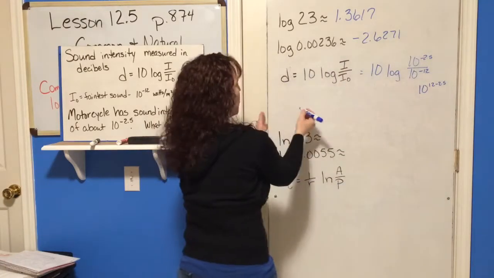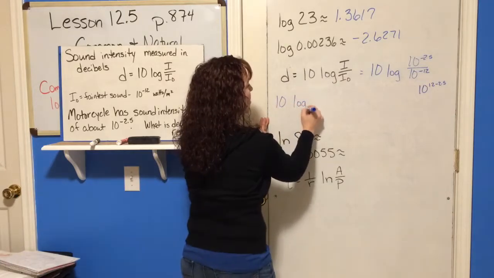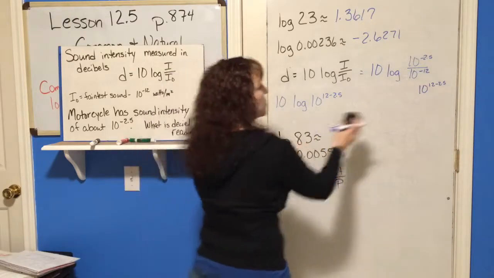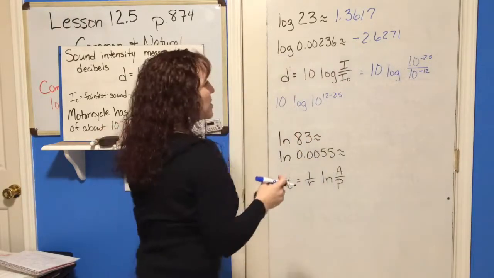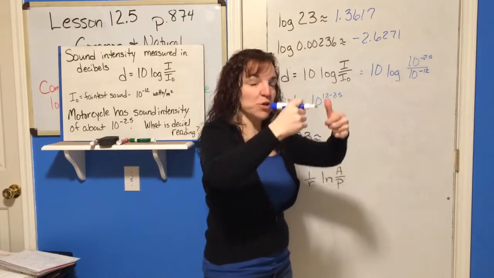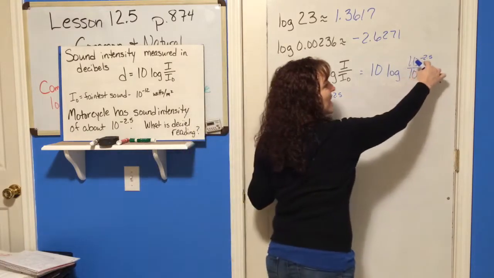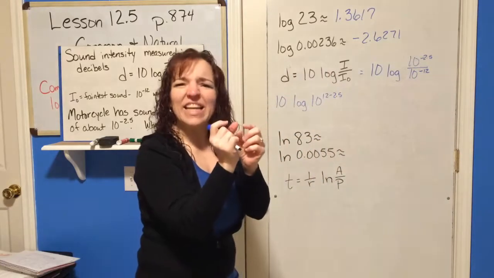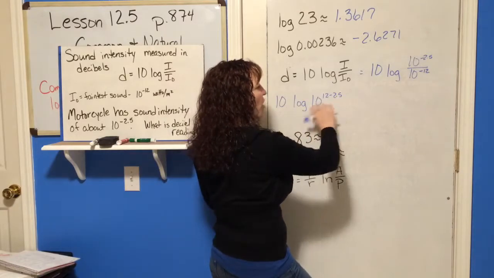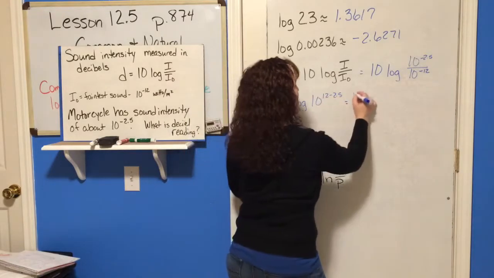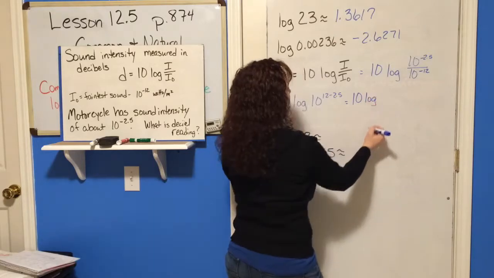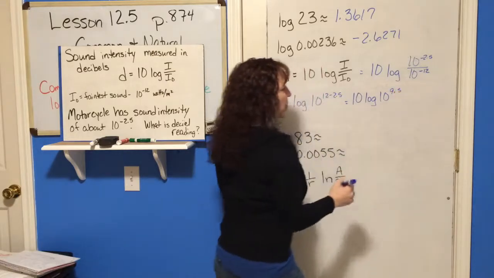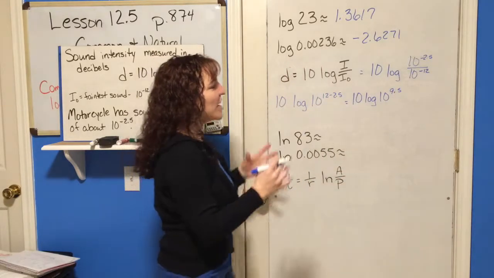So 10 times the log of 10 to the 12 minus 2.5 is what we're doing. We flipped the negative 12 power up into the numerator. We're going to keep this negative 2.5. We could have flipped it down, but we want to combine it anyway. And because it's smaller than this 12, it's going to reduce down. So now we're going to end up with 10 log of 10 to the 9.5 power, because 12 minus 2.5 is 9.5. Now check this out.